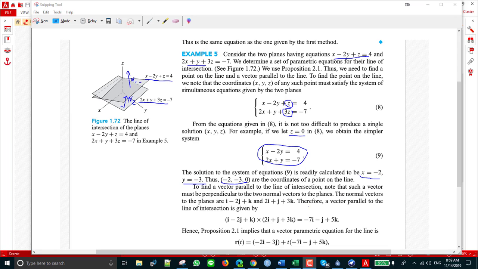So, okay, what is n1 and n2? So the normal vectors to the planes are, remember we can read them off from here. So this one is 1, -2, 1. So here's 1, -2, 1. And the other one gives you this one. So if we take their cross product, we get this. So this must be our A.